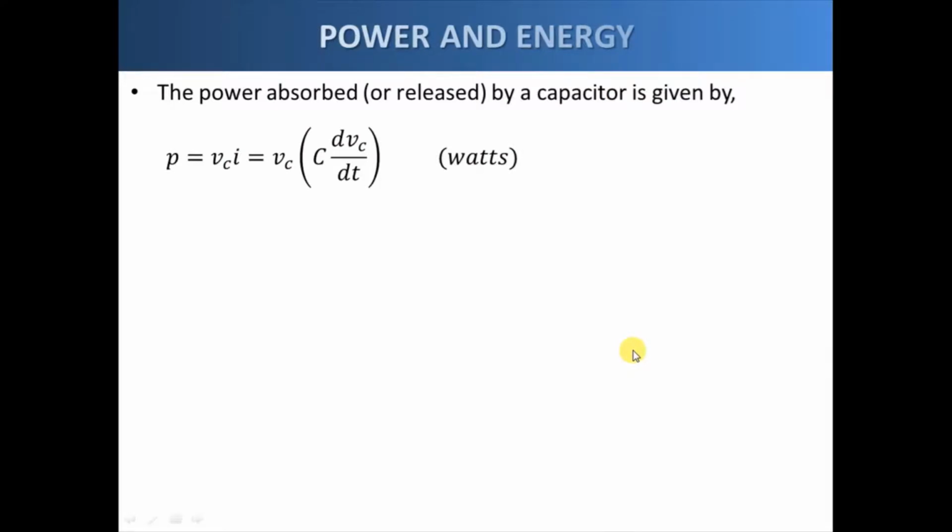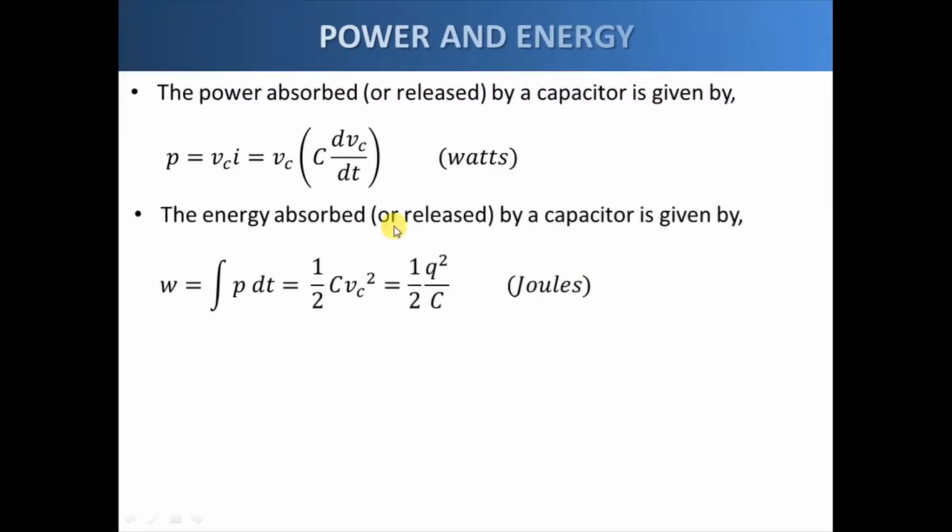For the power and energy, the power absorbed or released by the capacitor still follows the equation for power, so we simply multiply the voltage and the current. But since current is C dV_C/dt, we can plug this into the equation for power.